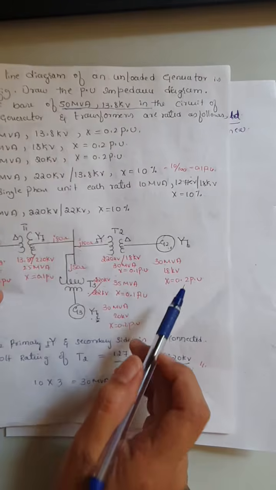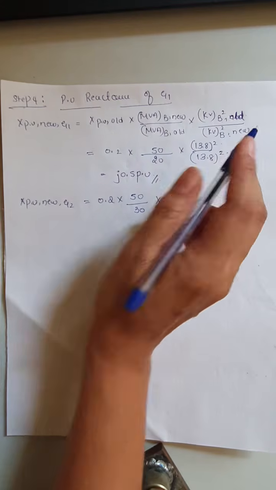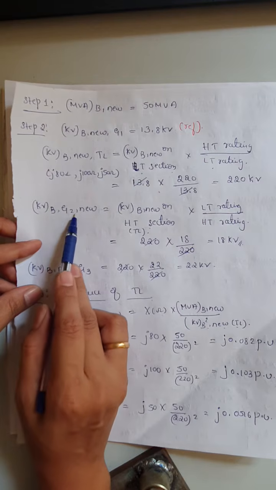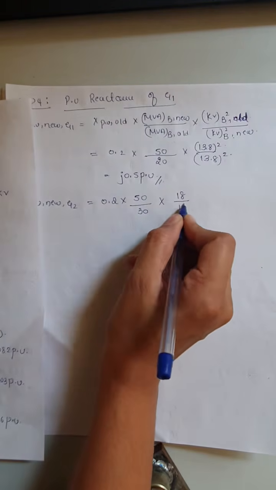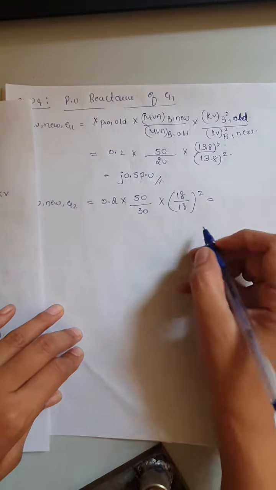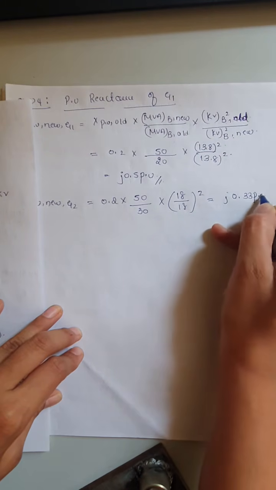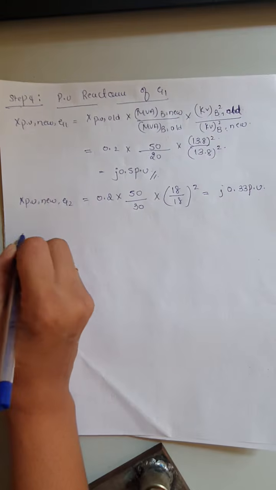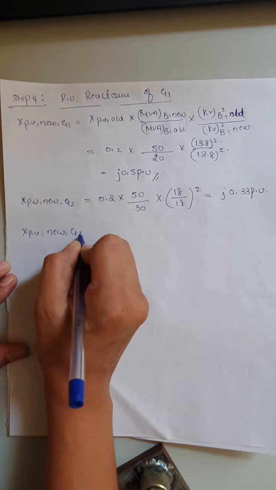Old is nothing but given data, it is 18 kilovolt, divided by kilovolt base square new. New means step 2 value, that is kilovolt base new for generator 2, again 18 only. After dividing this, we'll get the answer for generator 2 as J 0.33 per unit.